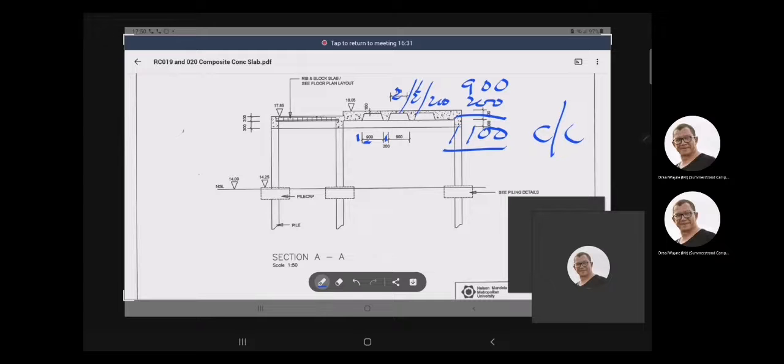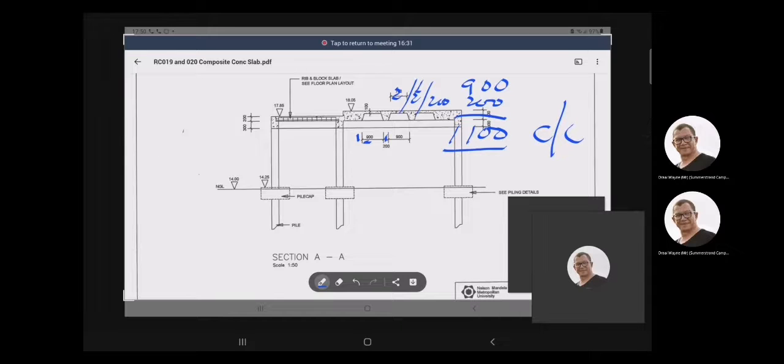So for my formwork here, I also need to now determine the formwork to the soffits of my coffers, and I need to look at how many coffers I have one way and how many coffers I have the opposite way.